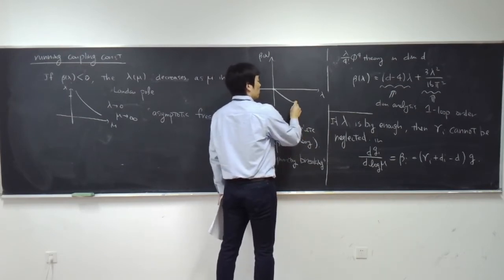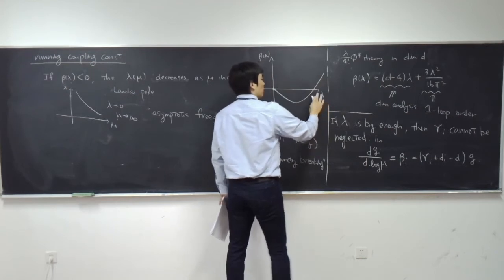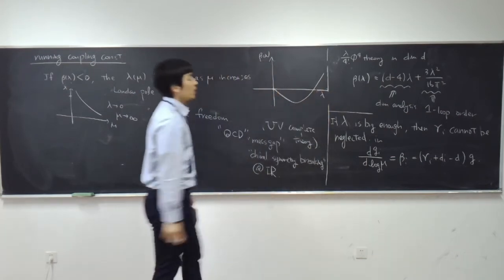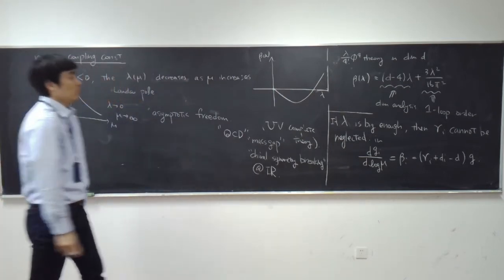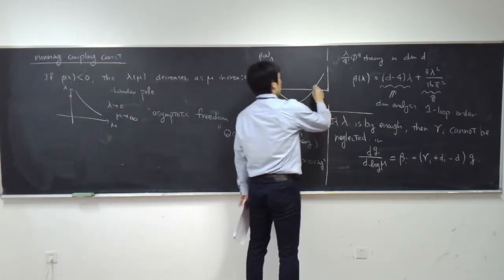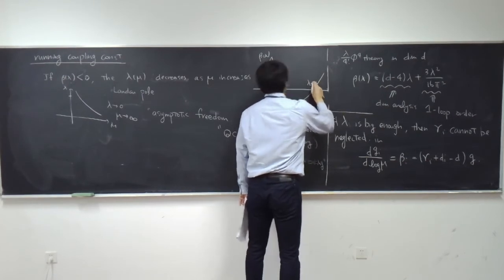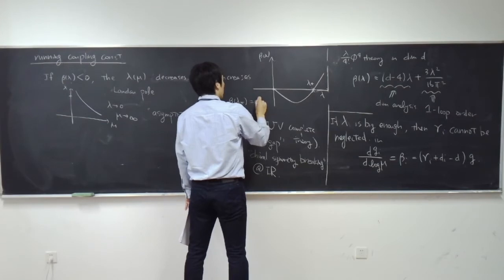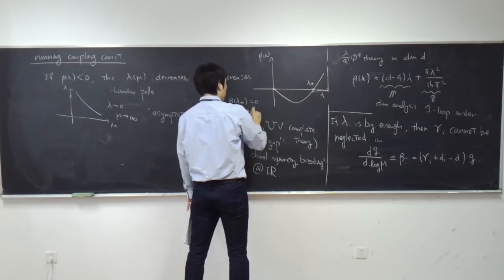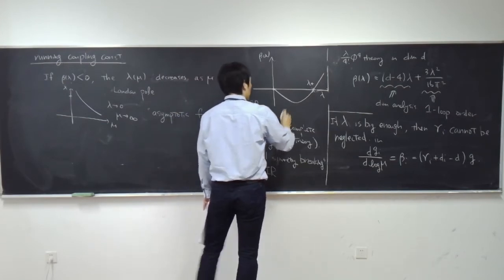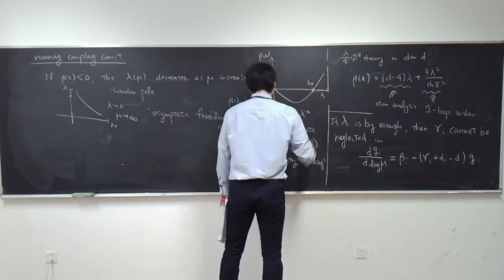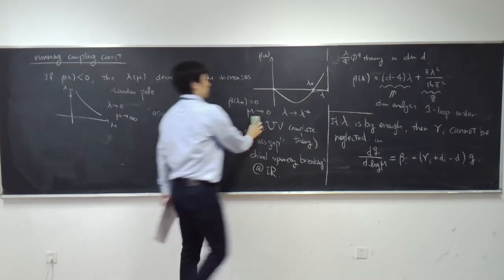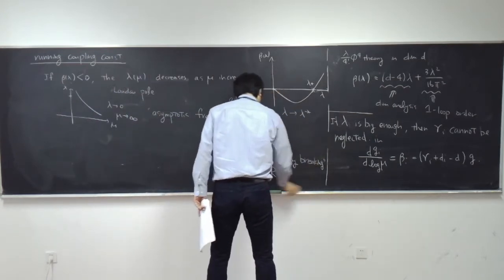But if some non-perturbative or quantum effect somehow bends this curve, then this point, lambda star, where beta of lambda star equals 0, is reached when mu goes to 0, as lambda goes to lambda star. This is called the IR fixed point.